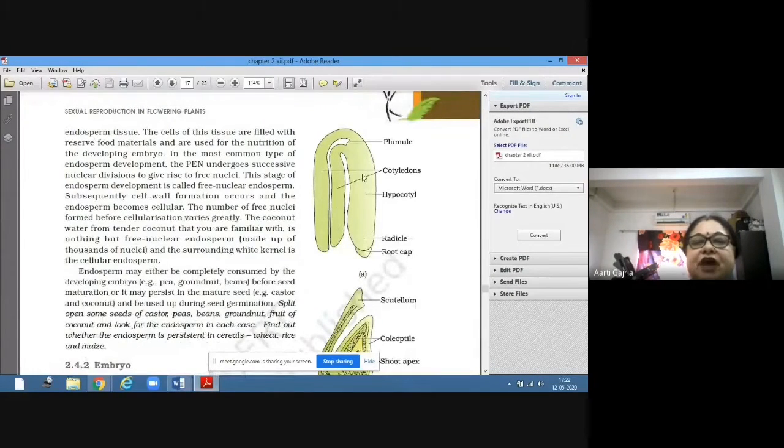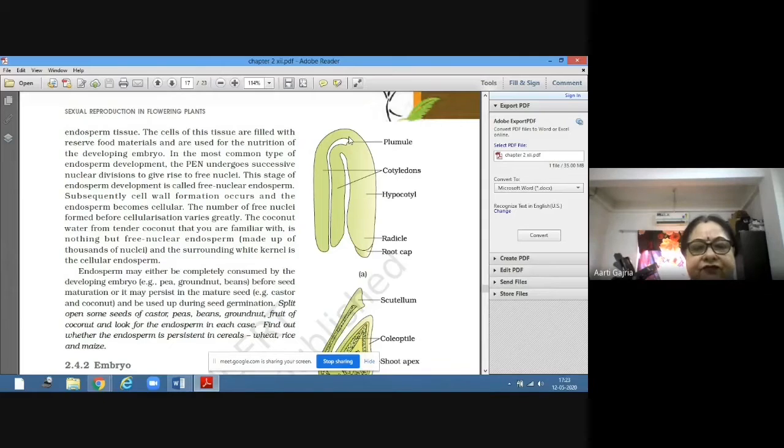In case of dicot, these are the two cotyledons, and the axis is having what? Epicotyle and hypocotyle. Hypocotyle is a hollow cylindrical structure which is terminating into radicle and root cap, and plumule is the portion of the epicotyle. So epicotyle and hypocotyle are basically the parts of the embryonal axis.